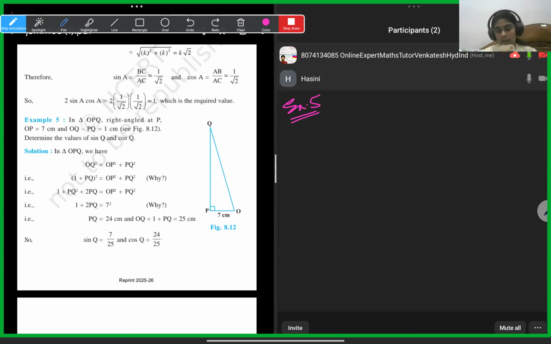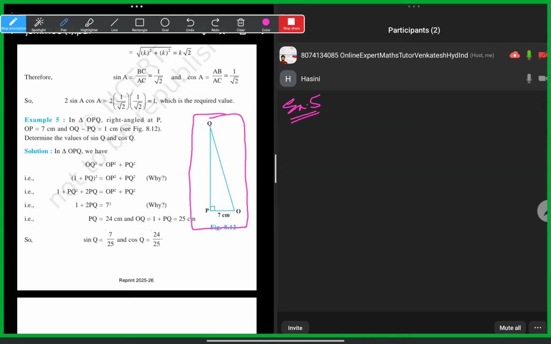That is OQ and PQ, the remaining 2 sides' difference is given. So for that, as per the figure, first we'll write the Pythagoras equation.